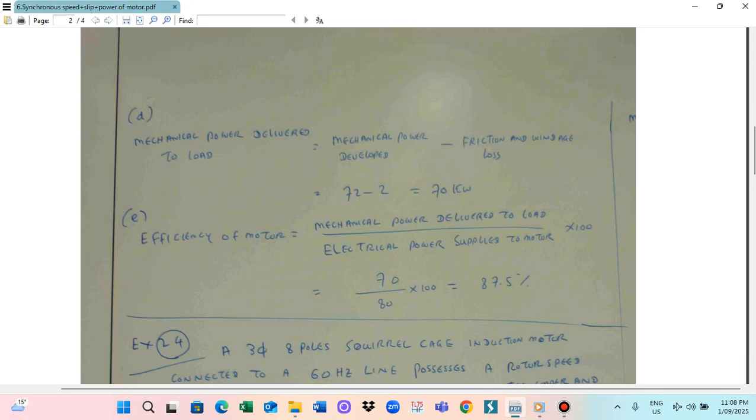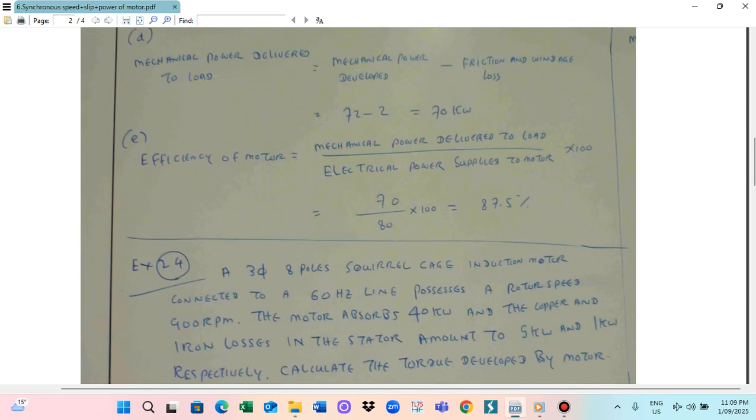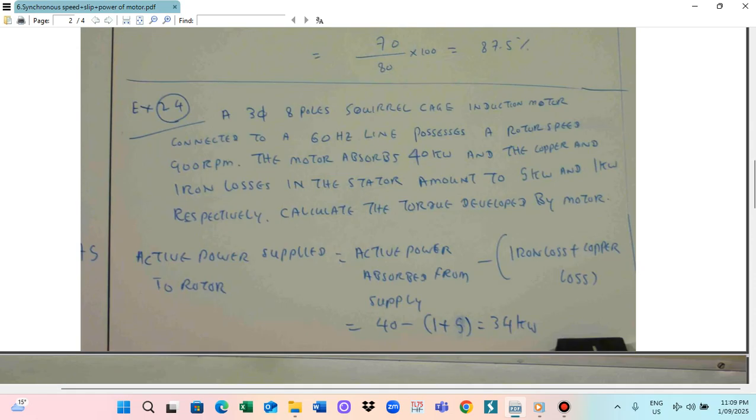By solving this, we multiply by 100. So this is 70 divided by 80 times 100, and there we get 87.5%. So this is how we calculate the motor efficiency.